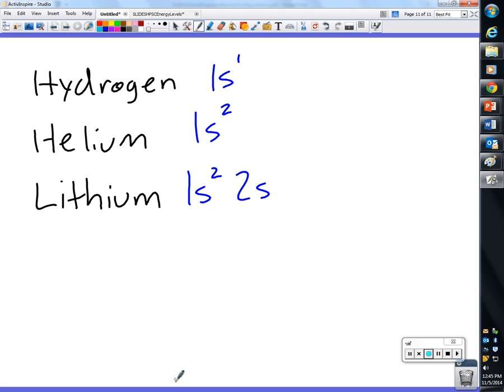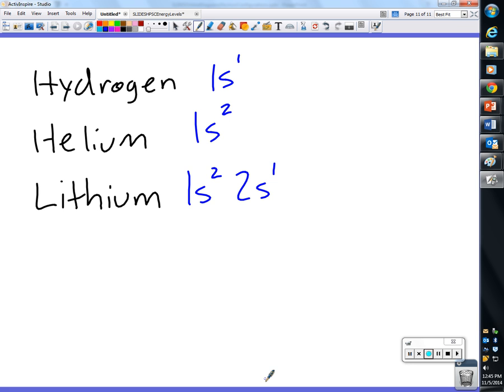And why does it go to 2s next? It's the next lowest energy. That's called what? Audrey, you told us in the beginning of class. The Aufbau principle, right? How many electrons are in the 2s orbital? Okay? Good there.